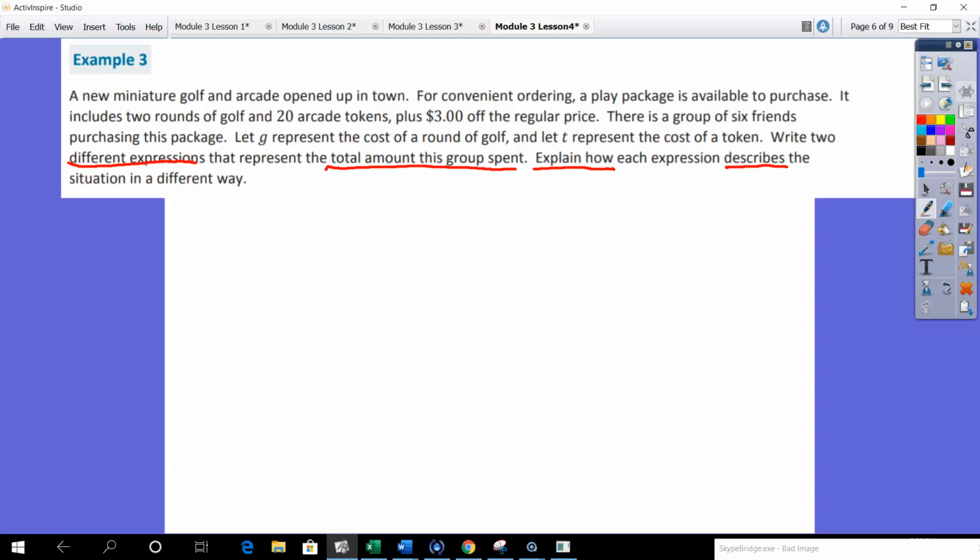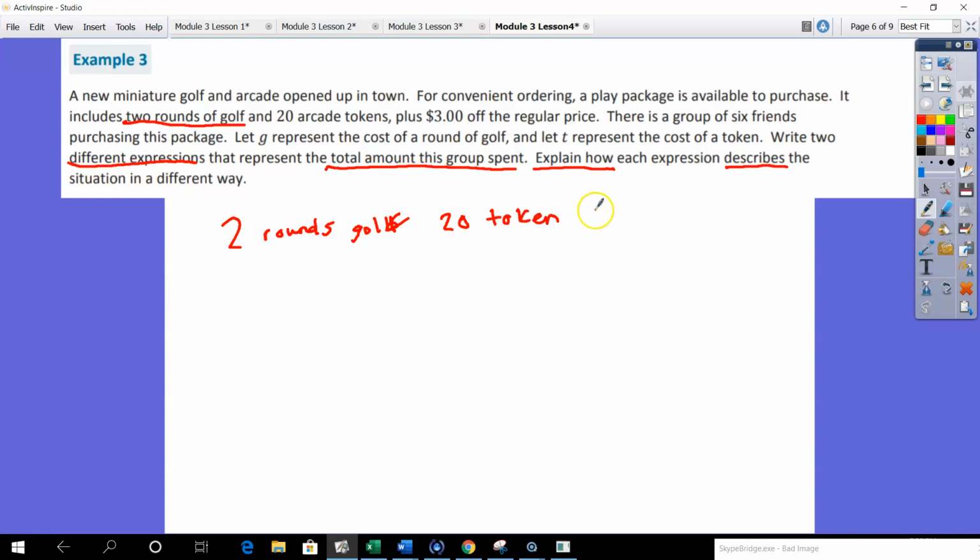So we are looking at it. For their miniature golf and arcade, it includes 2 rounds of golf. So 2 rounds golf, 20 tokens.